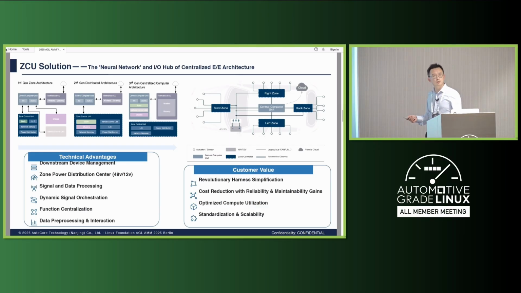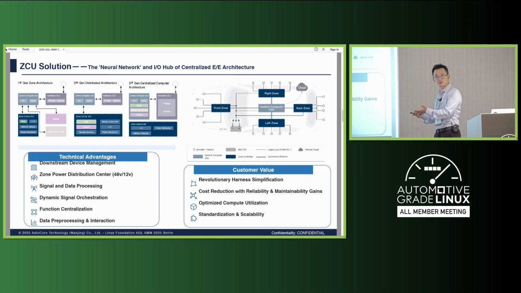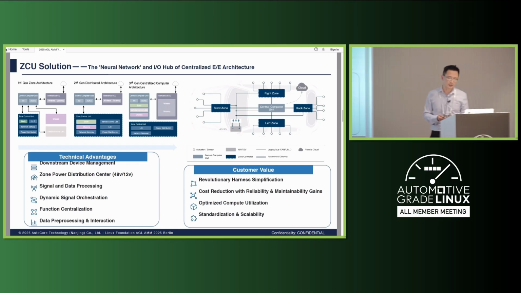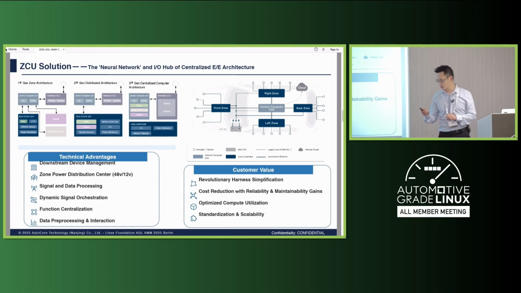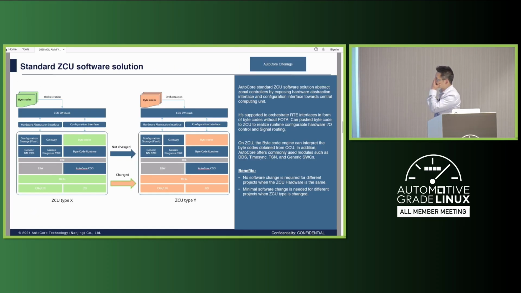Then we started to move towards centralized computing, or a prototype of that. Then we started to push that into a zonal controller. When I say zonal controller, there are two flavors. We used AGL in the flavor where the SoC is required. When the MCU is required, we employ Zephyr, which I will show later on.